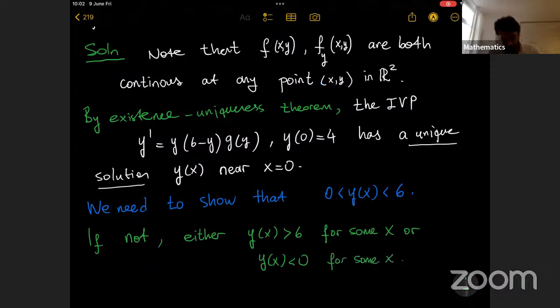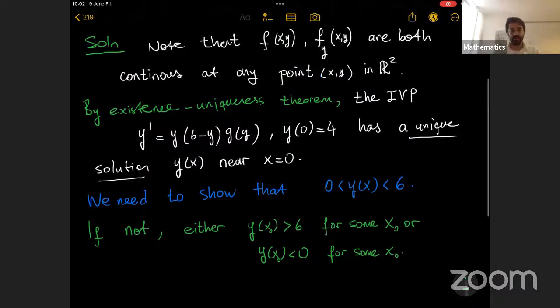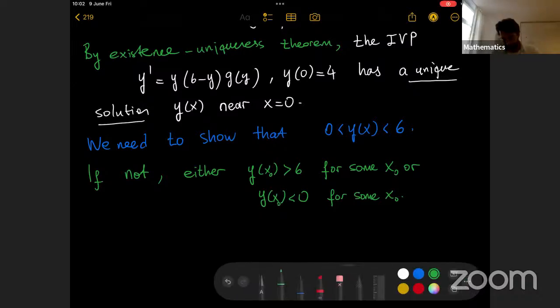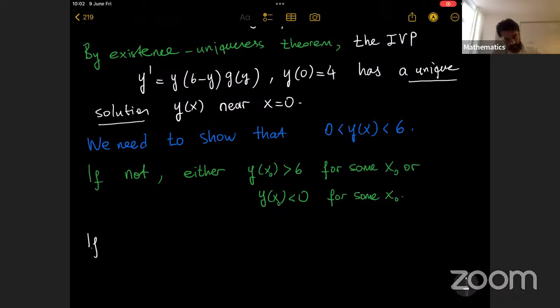Ya çözüm bir noktada 6'dan büyük olacaktı, mesela x0 noktasında, ya da 0'dan küçük olacaktı. İlk durumda diyelim ki 6'dan büyük olsun. If y of x naught is bigger than 6 at some point x naught.